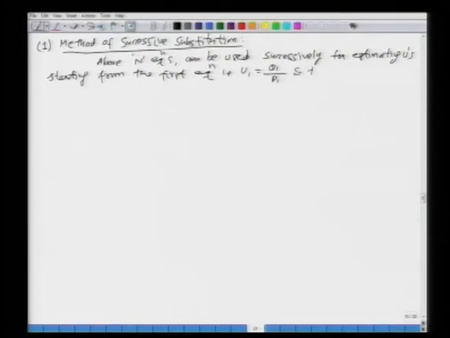So that is very simple. And then, you have the value of u1, what do we do? Then substituting this value of u1 in the second equation to get u2.